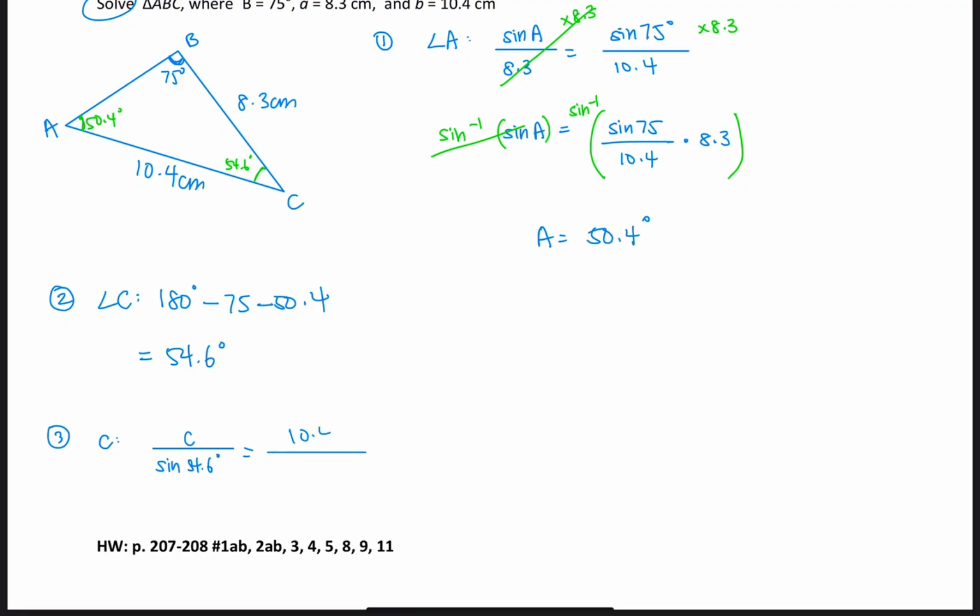So it's going to be 10.4 over sine of 75 degrees. And then you multiply by sine of 54.6. And you will get that little c is equal to 8.78 centimeters. Make sure you check using your calculator.